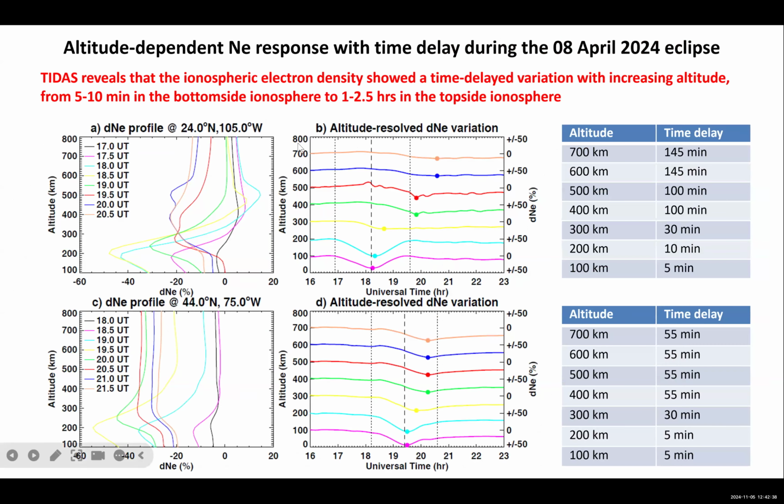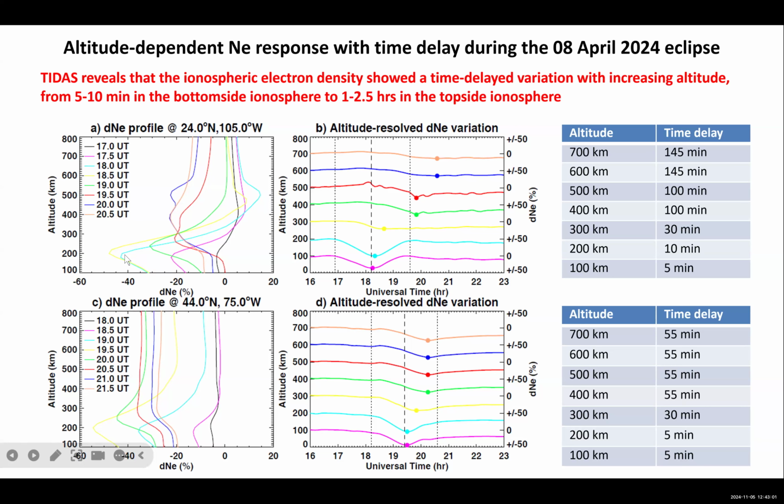If we pay close attention to the electron density profiles, these are the delta electron density profiles at a given location. So we can see that in the very beginning, the largest depletion occurred in the bottom side F region, especially in the E region and F1 region.